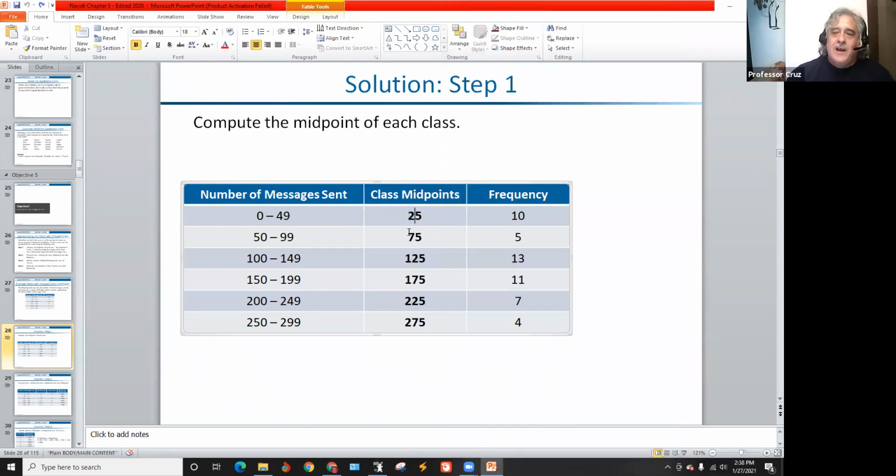Now, what that allows us to do is have a single number to multiply times the frequency inside of there. Essentially, what we're doing is we're kind of just cheating and saying, well, since we don't know what the values are in there individually, we're just going to use the midpoint, like an average again, and then multiply 25 times 10, 75 times 5, and so forth.